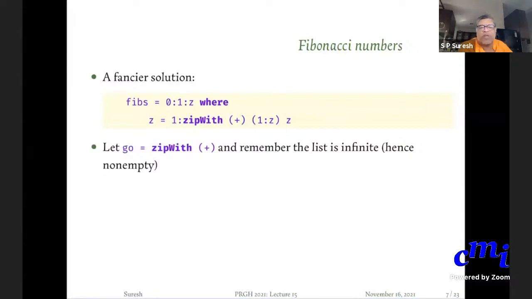Instead of writing zipWith plus always and letting it occupy space on my screen, not space when Haskell runs the program, I'll denote zipWith of plus by go. Also remember that the list is infinite, so I can explicitly give a definition for go.